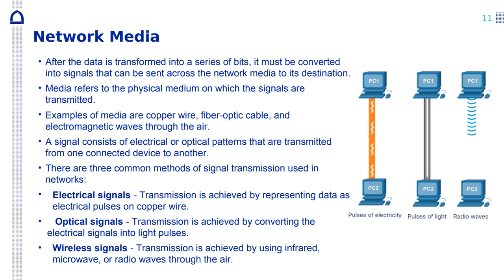And there are three common methods of signal transmission. We have electrical signal, high voltage, low voltage. For example, if it's one, it is high voltage. Or we have optical signal through fiber optic cable. And we have wireless signal, like now we are using wireless signal.